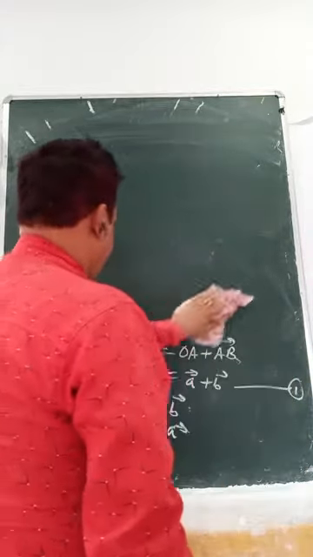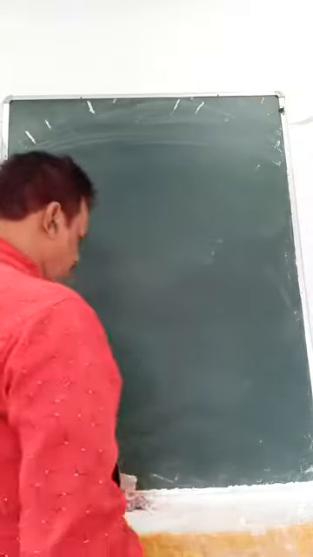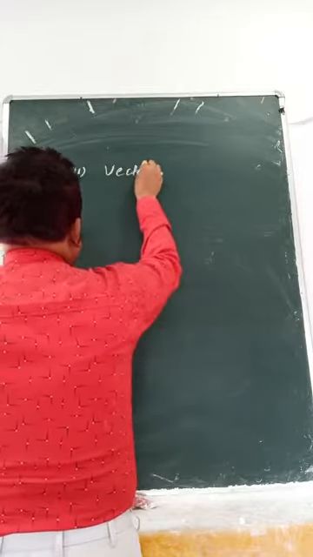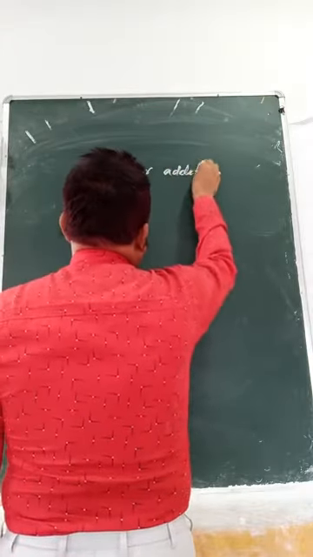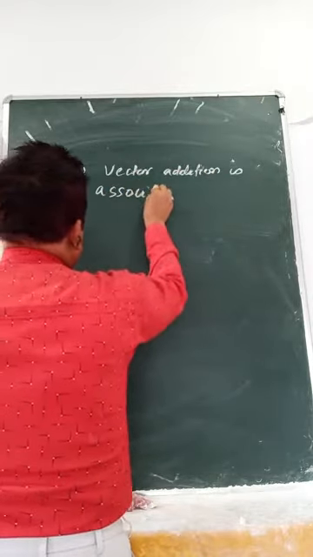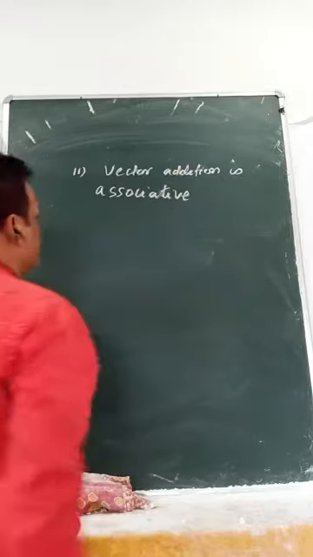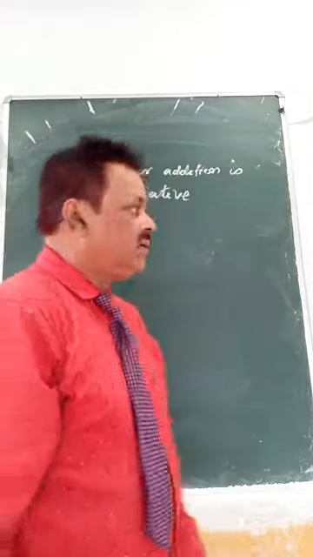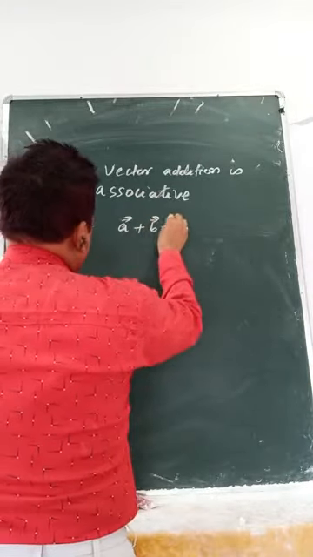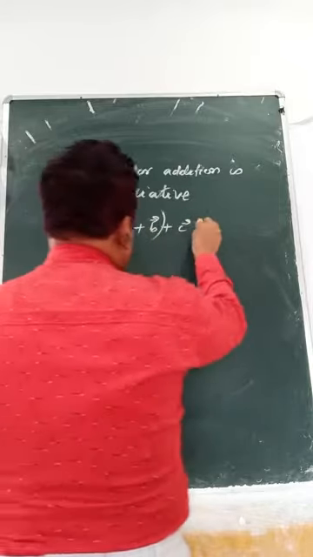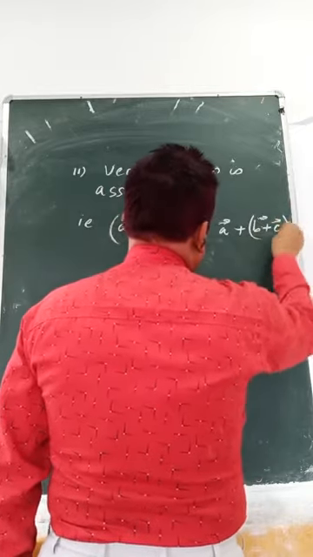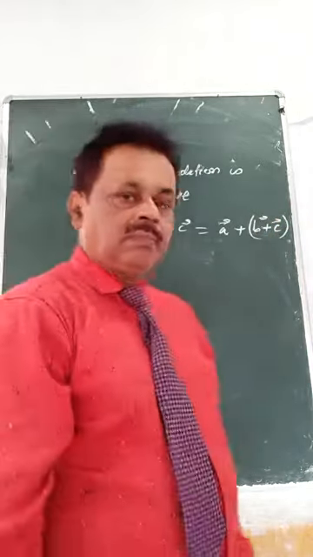Then the associative property. Vector addition is associative. That means for any non-zero vectors, A plus B plus C equals A plus B plus C, with the brackets grouped differently.